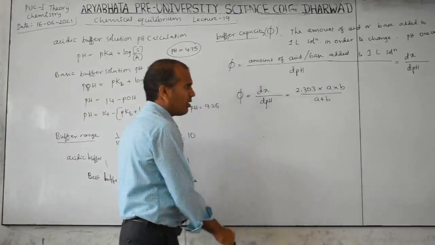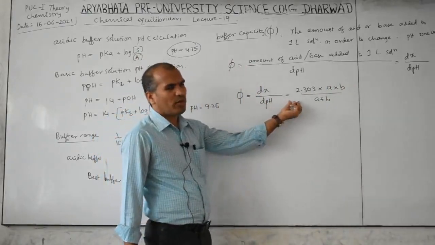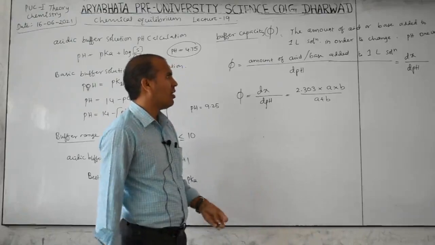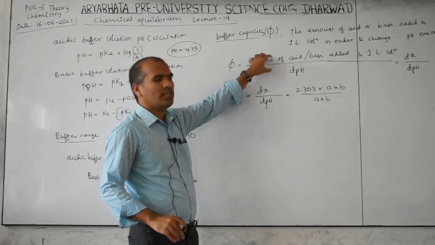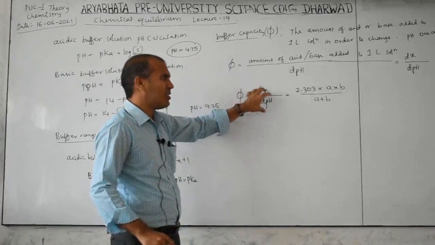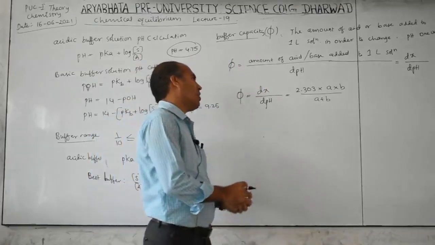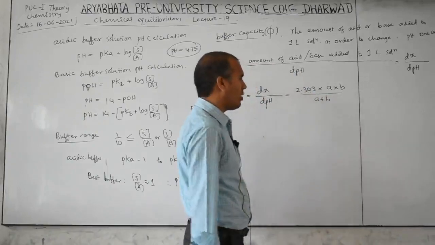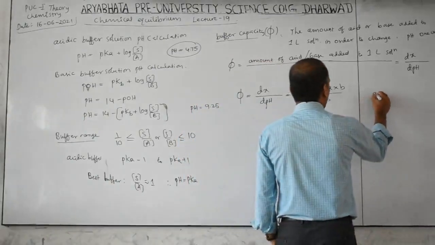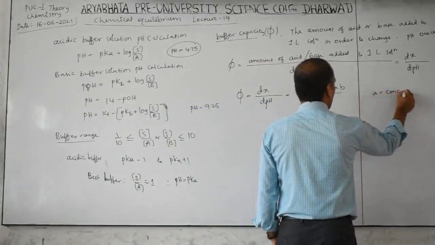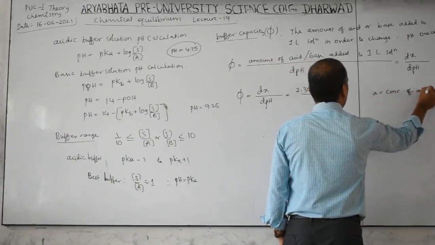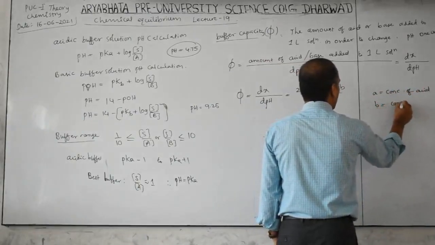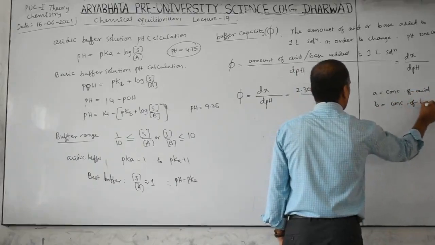This formula is only asked at the Mains level, and generally for CET and NEET levels they may ask it. This is somewhat extra. In this formula, A is the concentration of acid and B is the concentration of base.